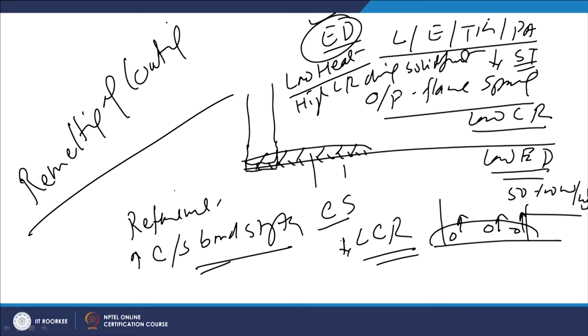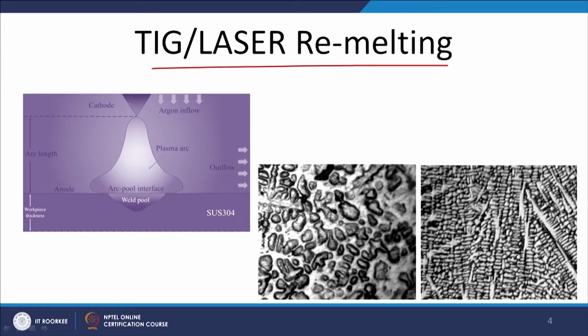So, not just the grain structure is refined, but the pores and inclusions are also eliminated. The elimination of the pores and inclusions and the refinement of the grain structure in totality is expected to enhance the mechanical performance and the tribological performance of such coatings.